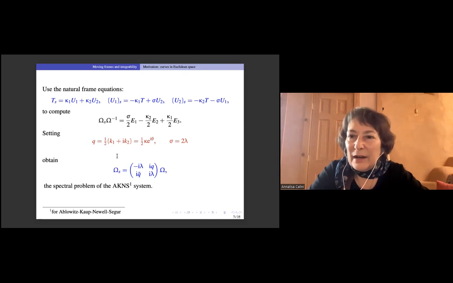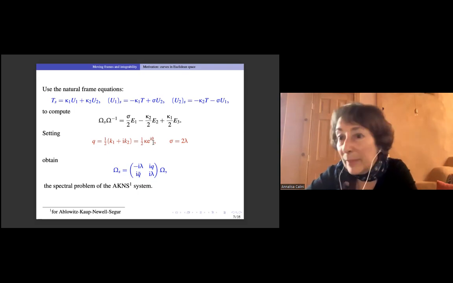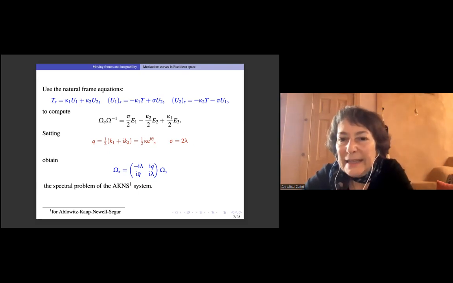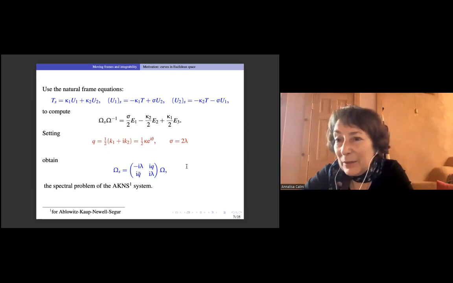If I introduce a complex quantity Q, which is simply this combination of the natural curvatures, the factor of a half is there for convenience in some sense and for comparison. And I rename my rotation parameter as 2 times lambda. I think almost everyone in this audience is going to recognize the system that I get for the group element omega.